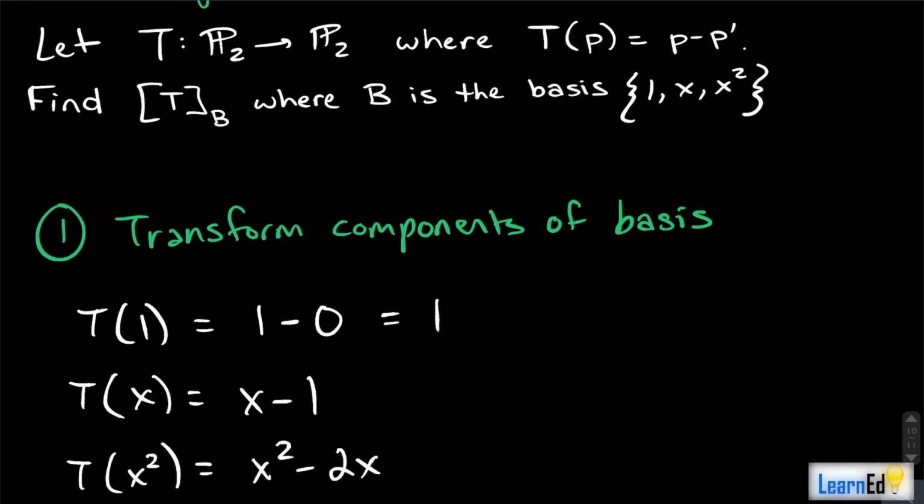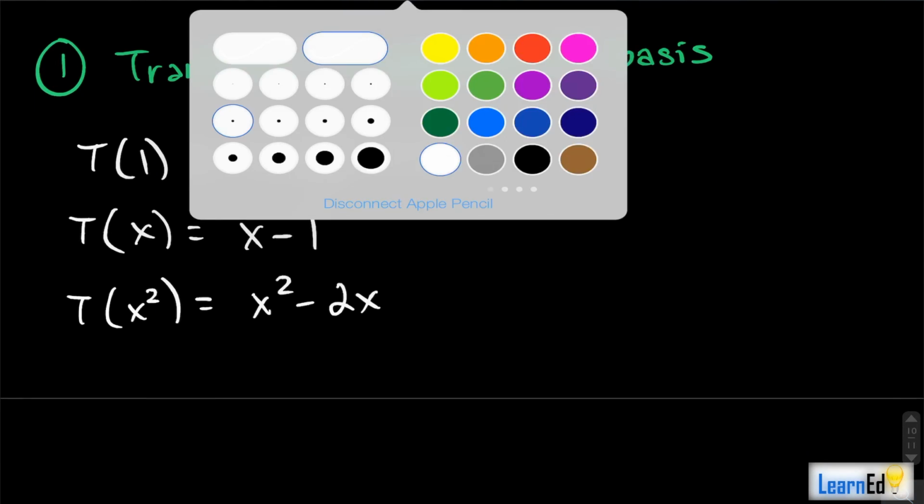And by the way, if you're confused on where I'm getting that from, it's right here, p minus p prime. We're starting from p, so p being 1 here, and we get p minus p prime. Just make sure everybody's on the same page here. So that's the first thing.